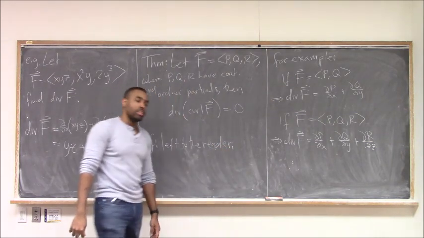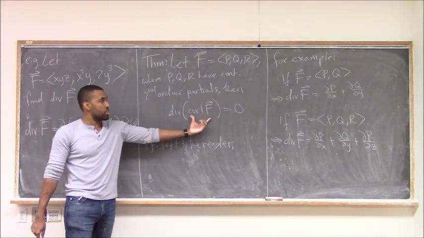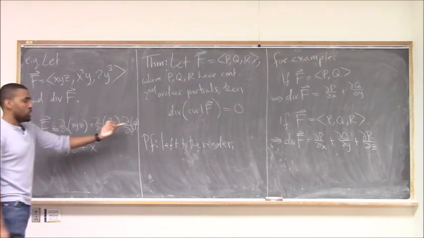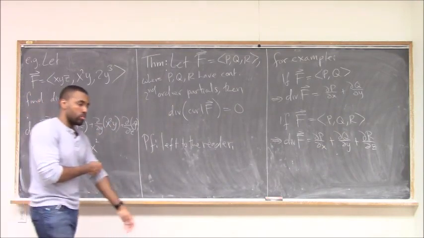Proof left to the reader. That one's not that difficult. Just plug in the formula for this guy, and then take the partials of each component. You realize that you'll get 0 for the answer.